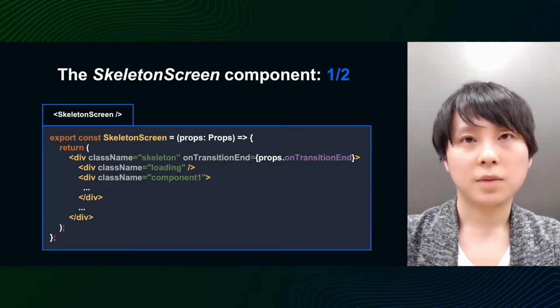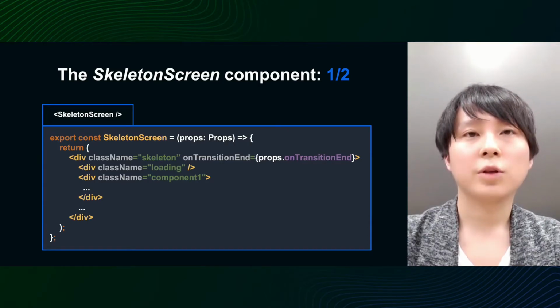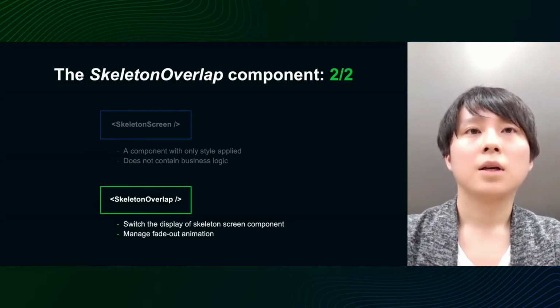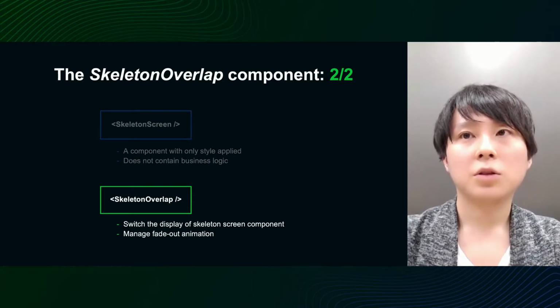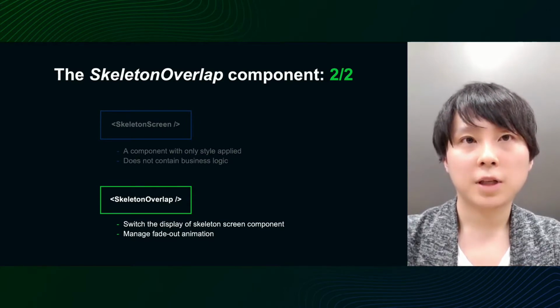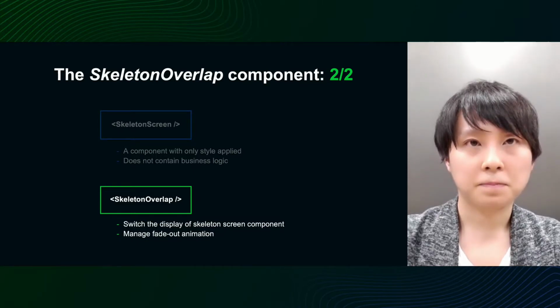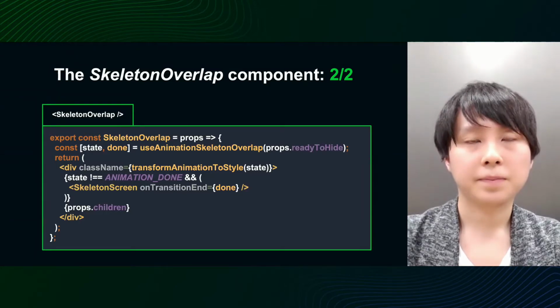It does not have any state, but only the minimum props required for handling DOM events, such as onTransitionEnd. The second component is the skeleton overlap component, which is used to switch the skeleton screen component described earlier. In addition to switch, we also manage the fade-out animation. This is how it is implemented.